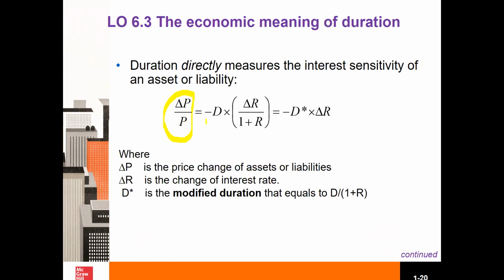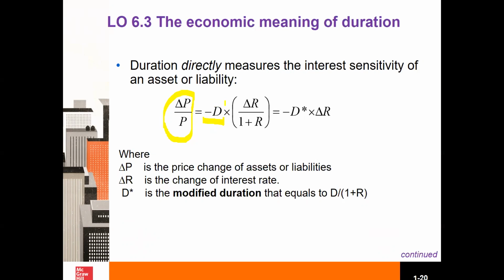Now that essentially is a duration. The numeric value of this duration indicates how sensitive this price change is to a given change in interest rate. So this part is the change in interest rate, this part is duration. That makes how much the price will change.